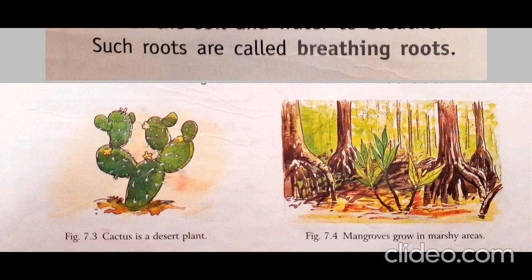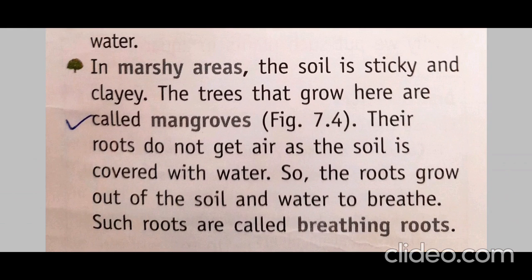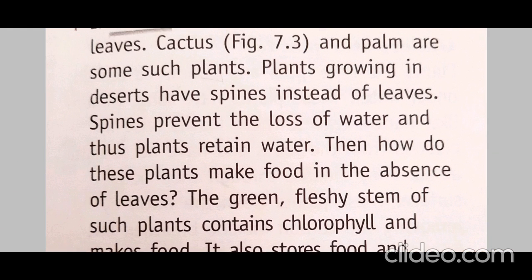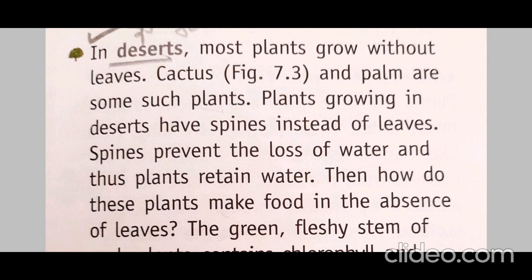Cactus plant, it is given. Cactus and the palm are some such examples of desert plants. But cactus is the most common plant found in the deserts. Plants growing in deserts have spines instead of leaves.